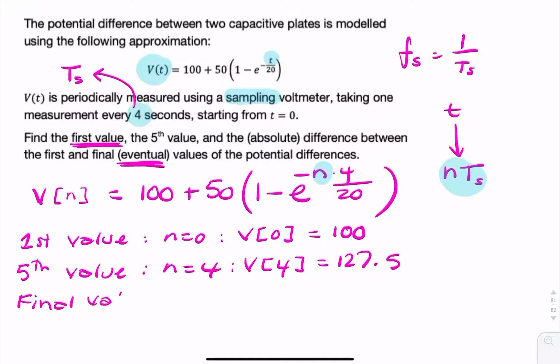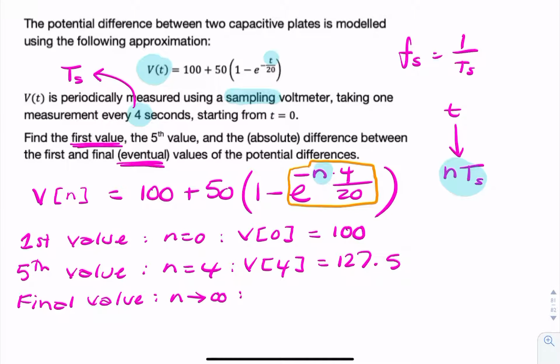And it also indirectly asks for the eventual value, or the final value. So the final value is when n is very big. So as n approaches infinity, this term here will approach 0.